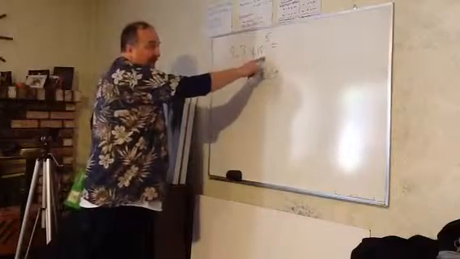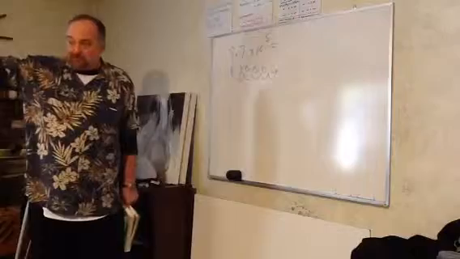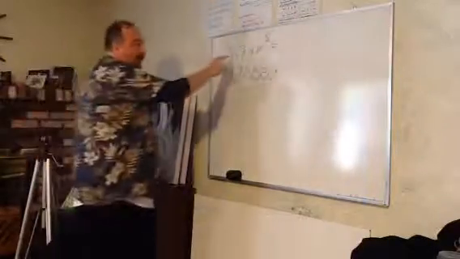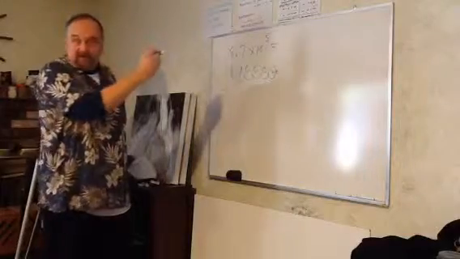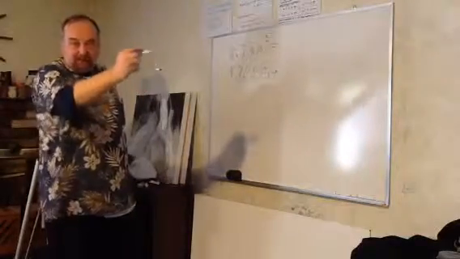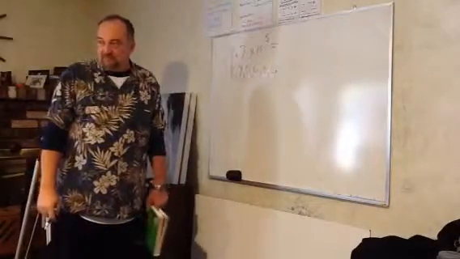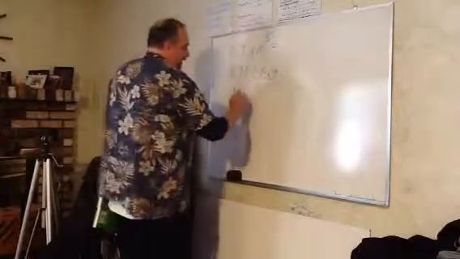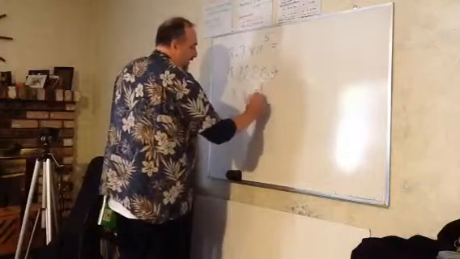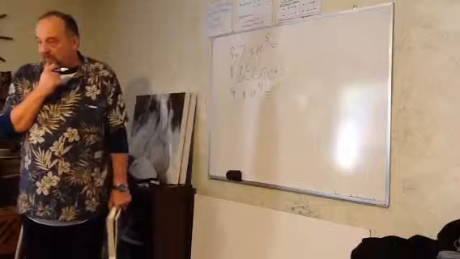When I have 10 as my base and a 5 as my exponent, my power, I go to where the decimal point is, and I move it the number of places the power or exponent tells me to move it. What about this? What if I just had a 9 times 10 to the 4th? There's no decimal point there, so what do I do?